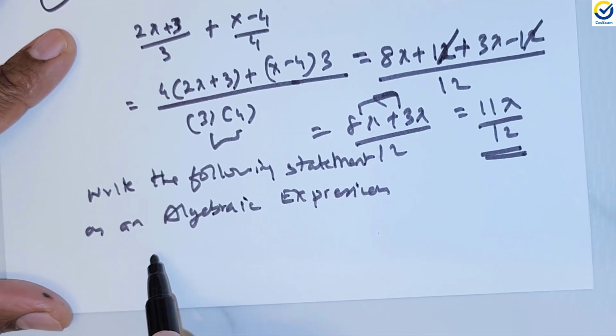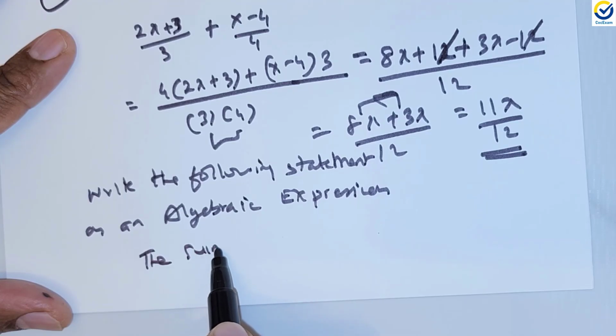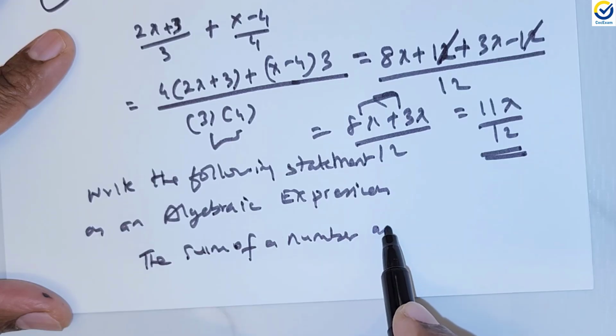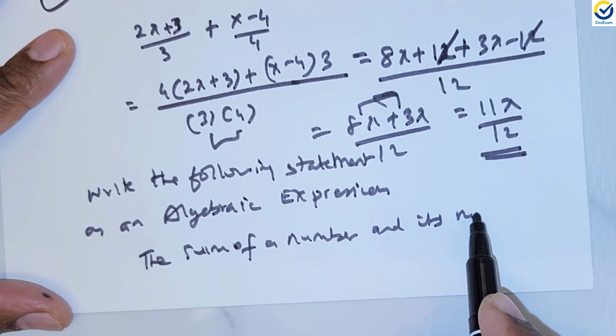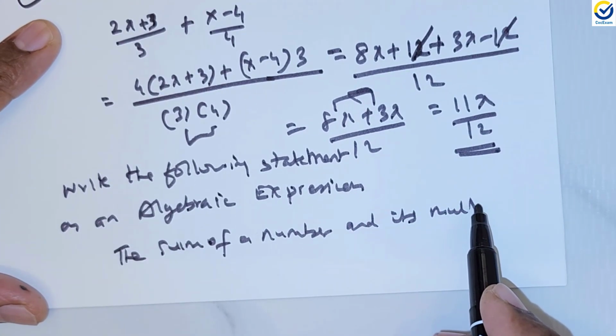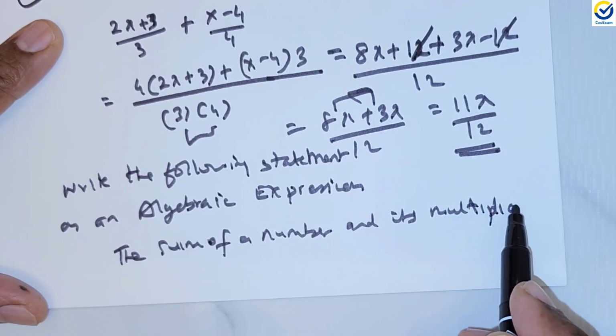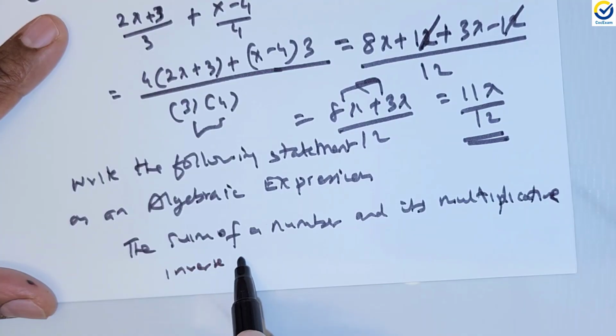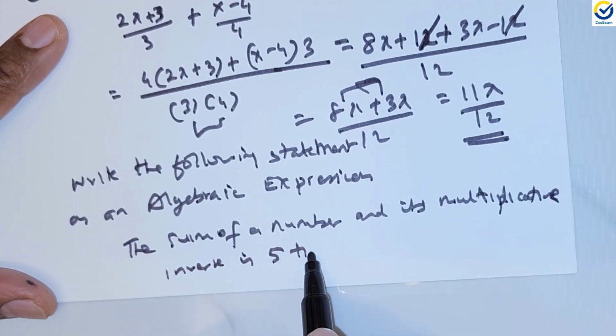Now we've been given the following statement: the sum of a number and its multiplicative inverse is 5 times the number.